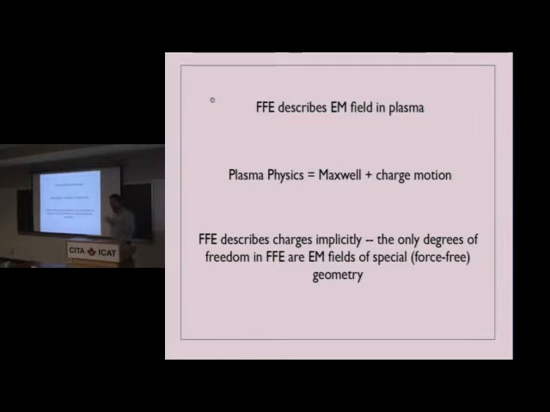So those people said maybe our electrons are moving in such a way that they provide currents without providing any stress energy tensor. So T mu nu is purely electromagnetic, and yet J mu, the current, is not zero. So this then is the idea of force-free electrodynamics. It's electrodynamics, Maxwell theory, with currents, but with T mu nu dominated by the electromagnetic field.